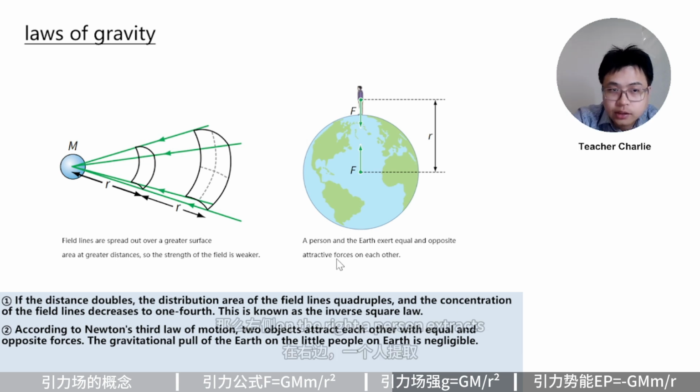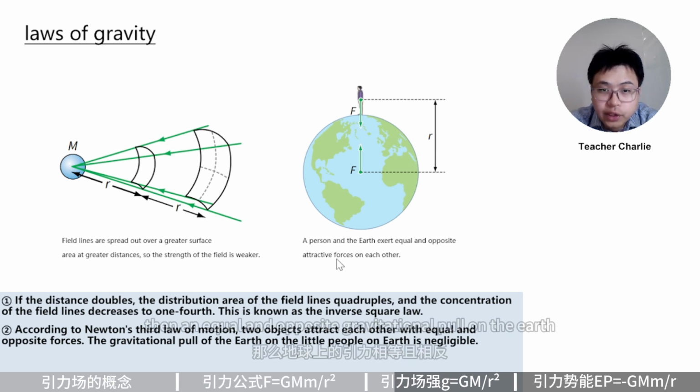On the right, a person exerts an equal and opposite gravitational pull on the Earth.